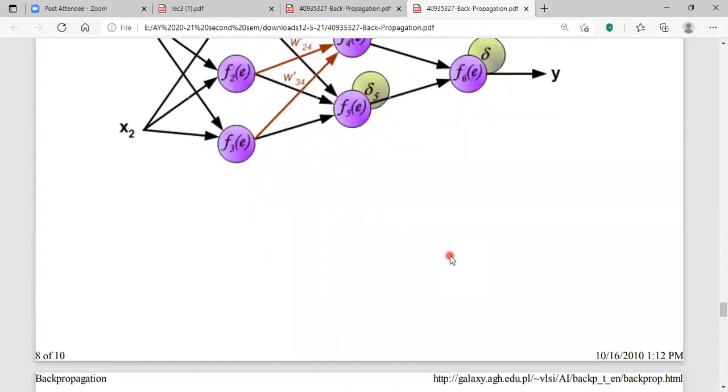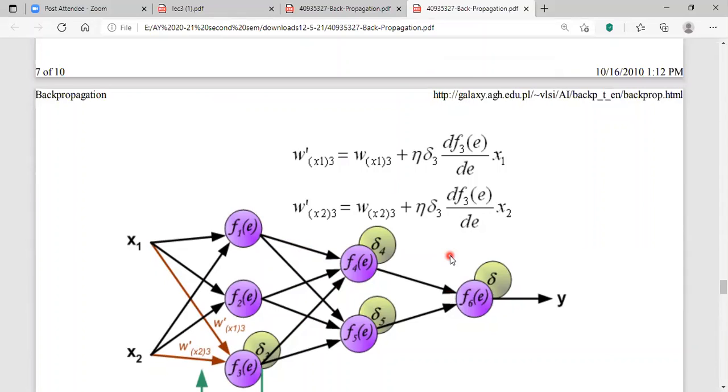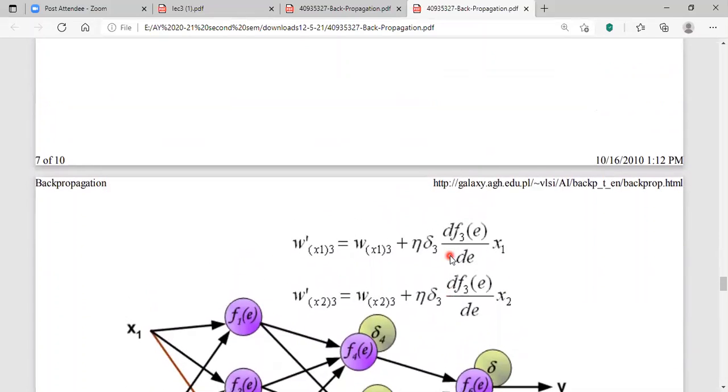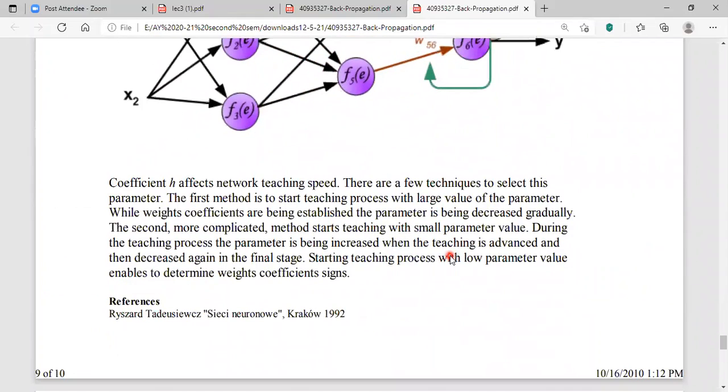So you need to draw all these graphs with the indications and explain clearly how the error is transmitted to each neuron in each layer, in the hidden layer, in the input layer, likewise, how your weights are updated, and you need to recalculate your output until you get your target value.